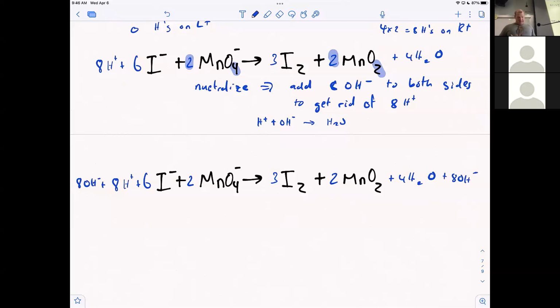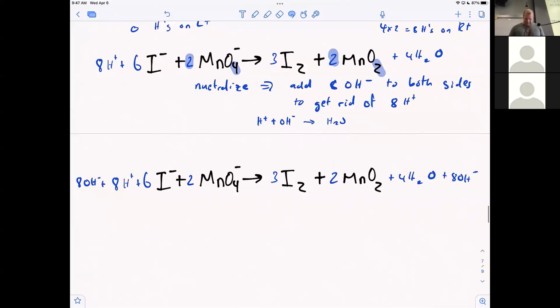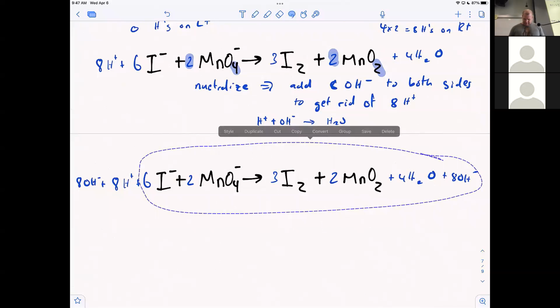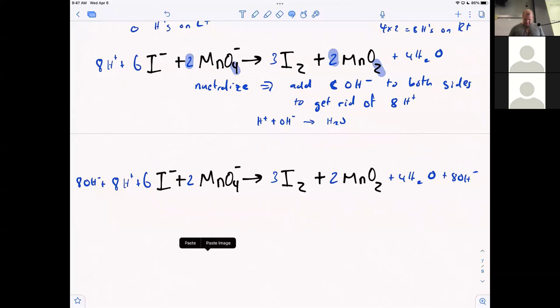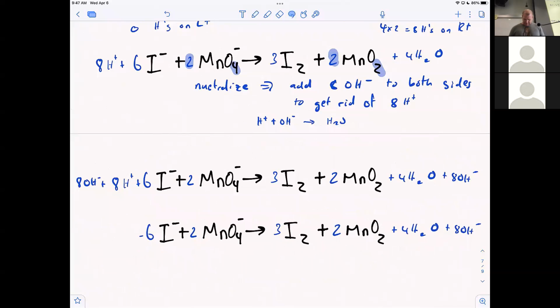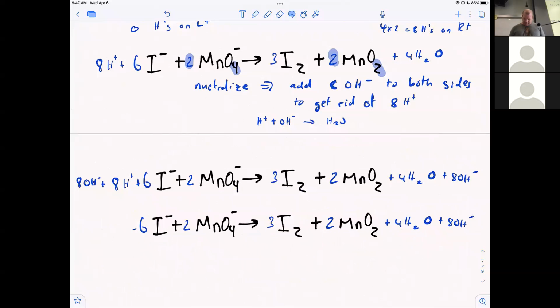So we've added 8 OH minus, and in doing so, these 8 OHs and 8 acids are going to form 8 waters, right? These are going to go and form 8 waters.